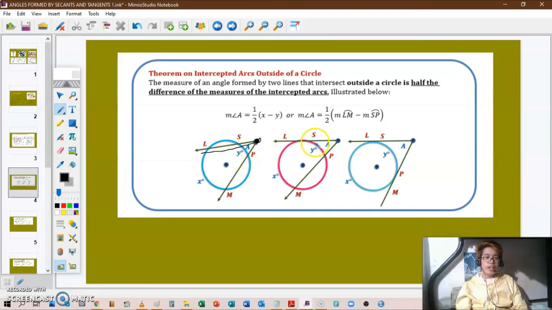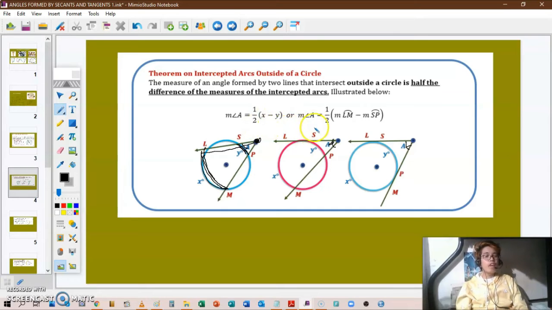So it says here that the measurement of angle A is equal to 1/2 of the larger arc x minus the smaller arc y. So it's equal to 1/2 times the quantity x minus y.